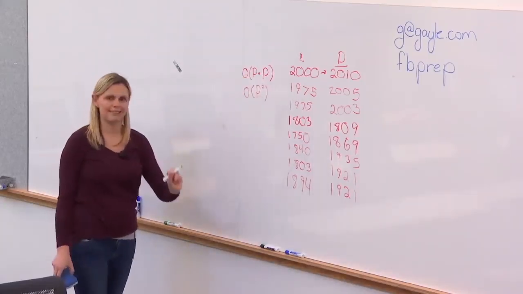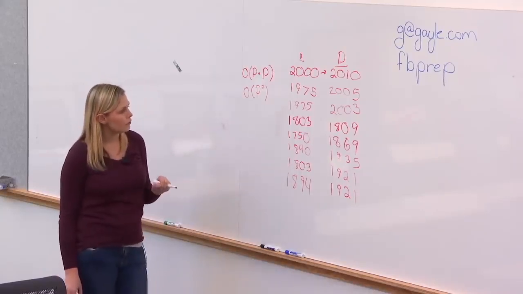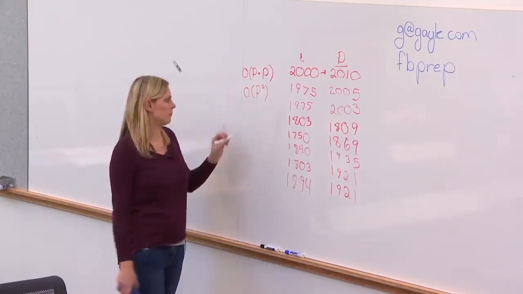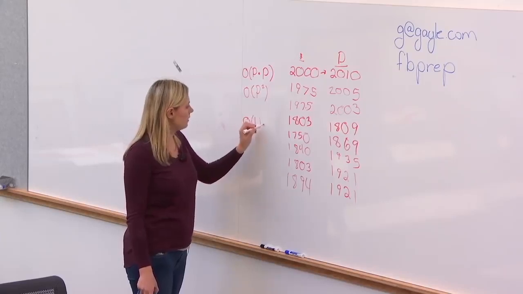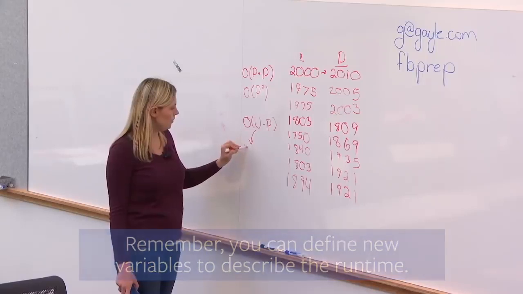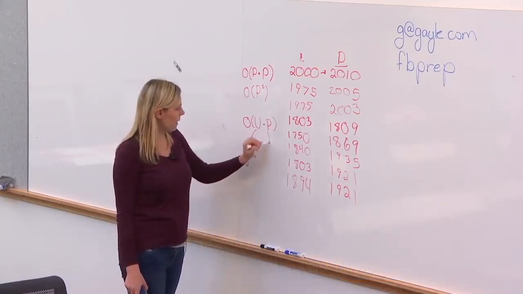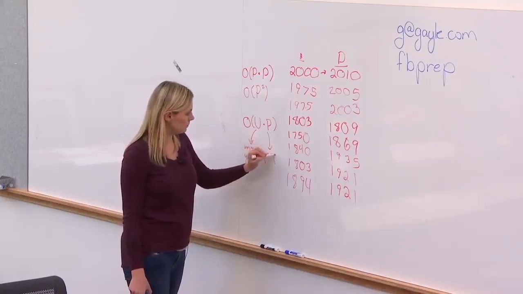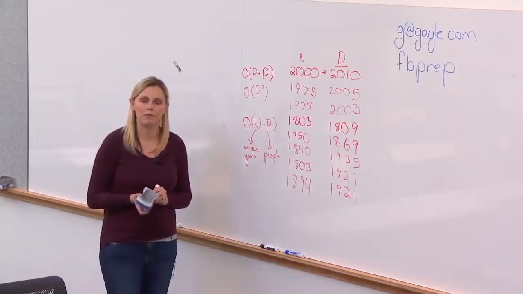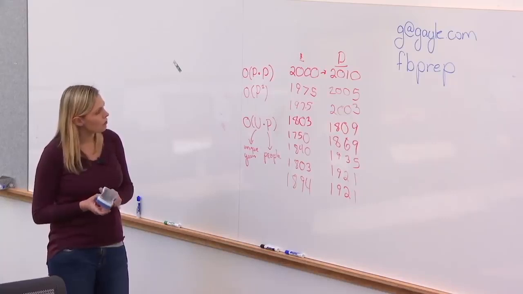We can actually describe a slightly tighter runtime if we want. We're only doing the second p loop for every unique year. So we could say it's u times p, where u is the unique years and p are all the people. So this is a little bit better than what we had before. It's getting better.